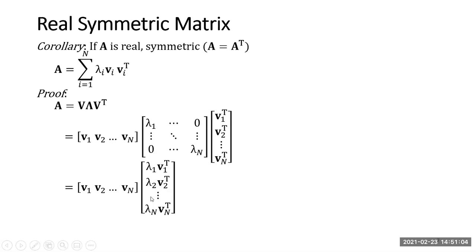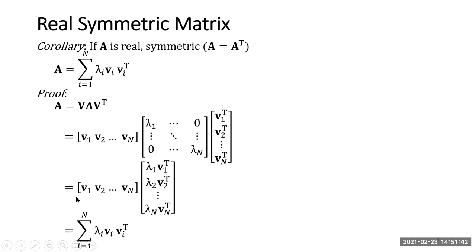Now let's do this multiplication. What do I get? V1 lambda 1 V1 transpose plus V2 lambda 2 V2 transpose, plus, and so on, plus Vn lambda n Vn transpose. But these lambdas are scalars, right? So V1 lambda 1 V1 transpose is the same as lambda 1 V1 V1 transpose. Likewise, the second term would be lambda 2 V2 V2 transpose, and so on.